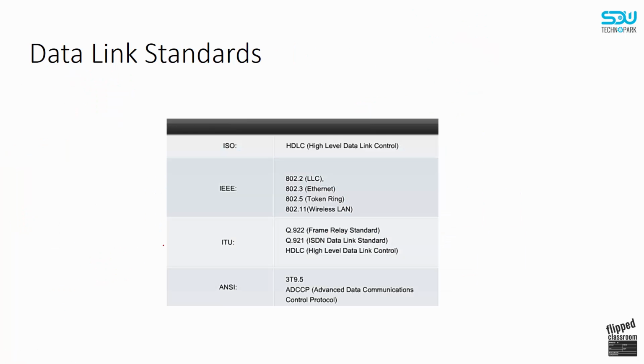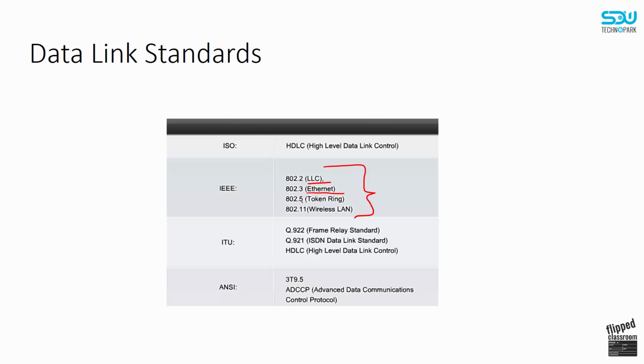Data link standards. In data link, we have different standardization organizations like ISO, like IEEE, and ANSI. And mostly we'll work with the IEEE standards. They are LLC, the logical link control sublayer. This is Ethernet 802.3, the current technology which is used in our local area networks.